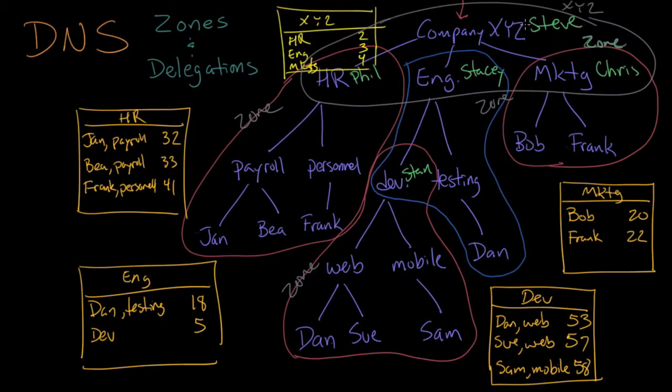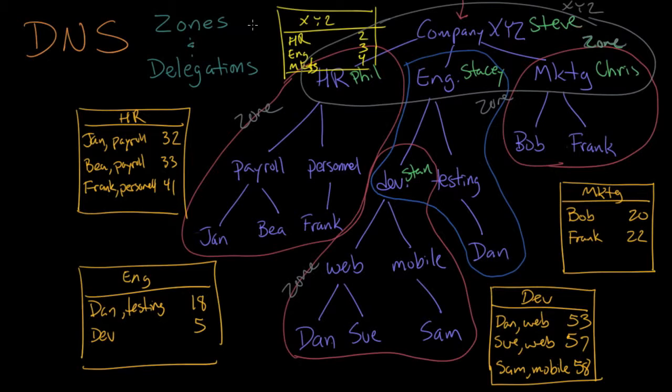So each one of these zones has information about it. And each one of these zones also, particularly if there's one below it, has information about how to get to the one thing below it. Like here's Stan's example here. Stacy only needs to know how to get a call to the top of development, how to get a call to Stan, and then Stan takes over from there and routes the call down to its ultimate destination.